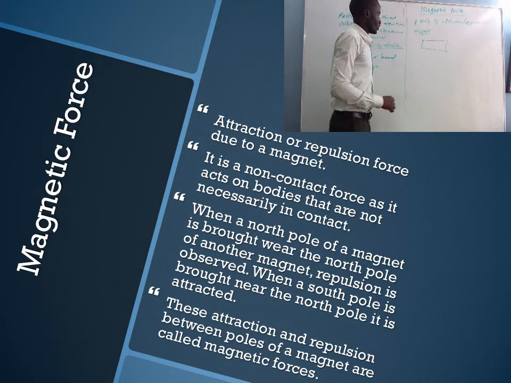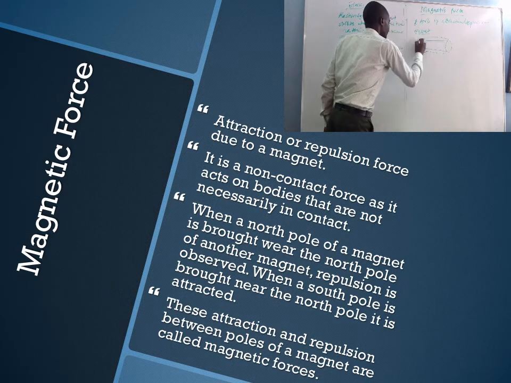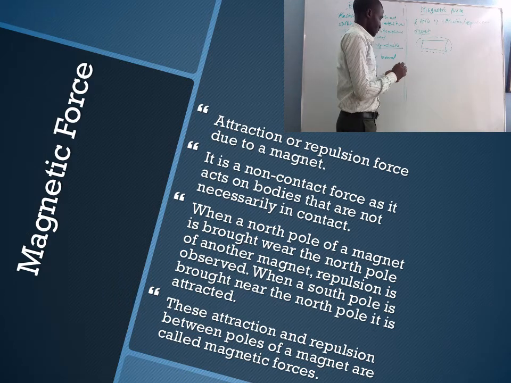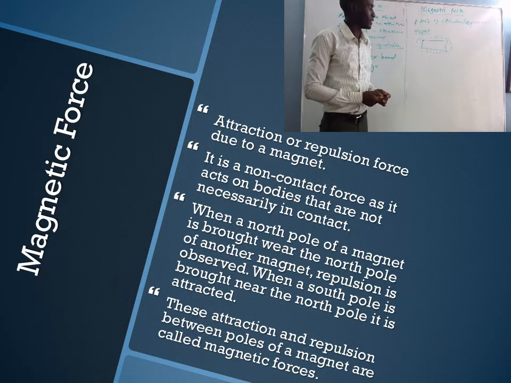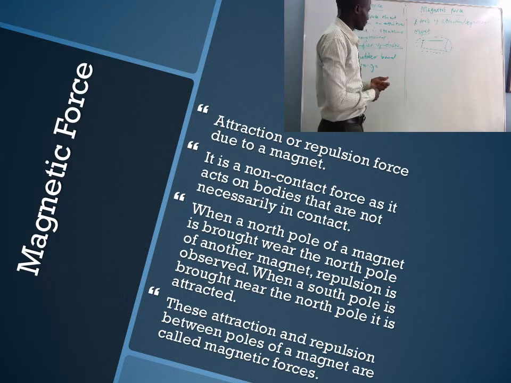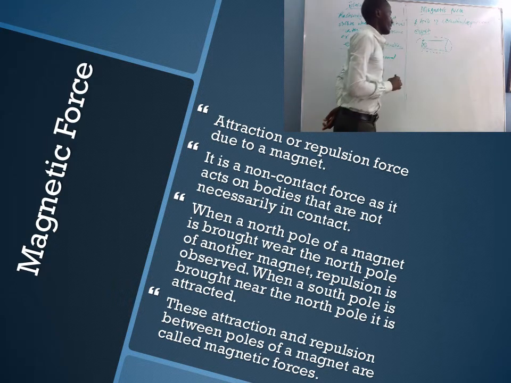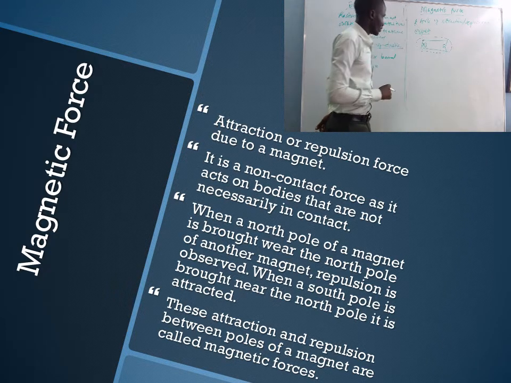there is some region around this bar magnet within which the force of attraction or repulsion due to this magnet can be experienced. On the bar magnet, one pole is a north pole and the other one is a south pole.